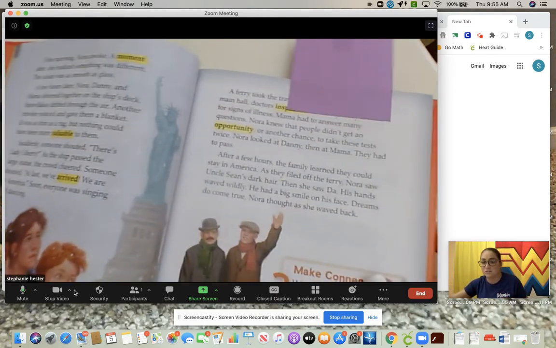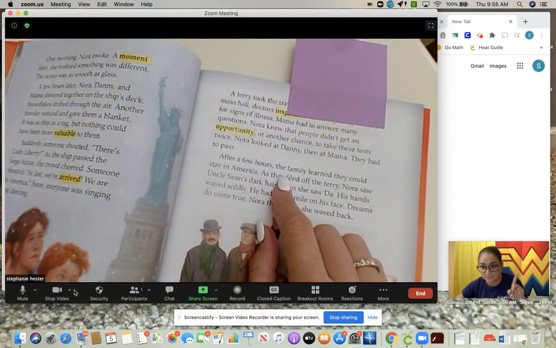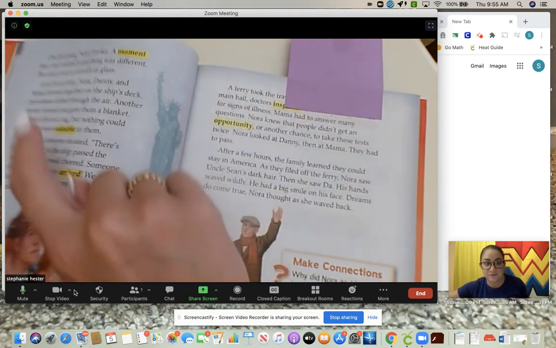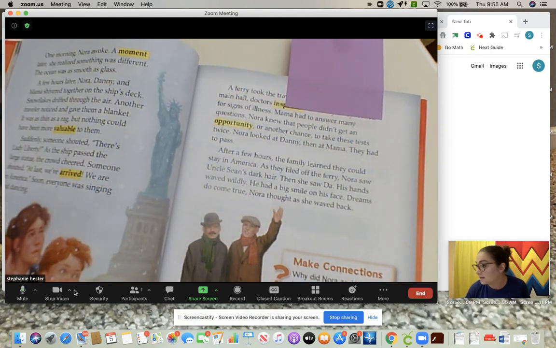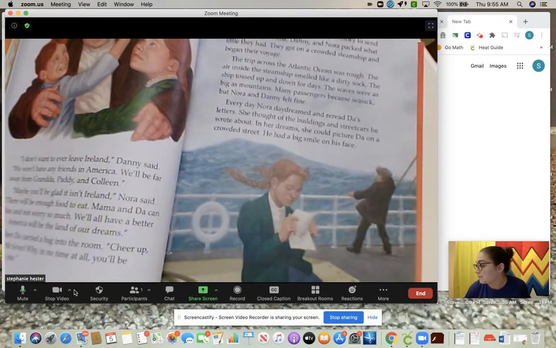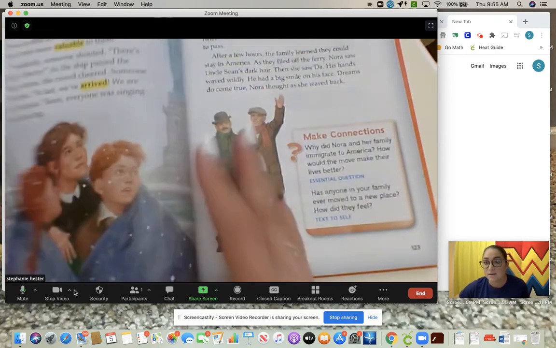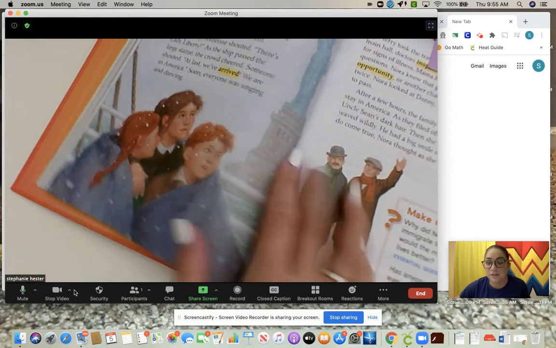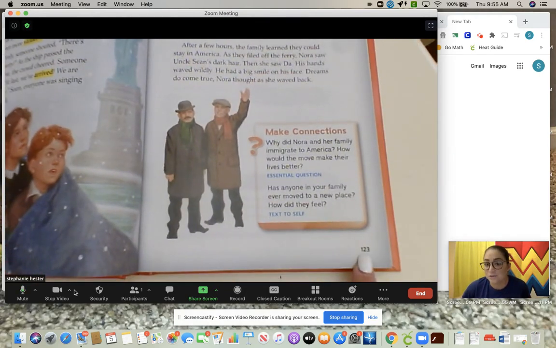Actually, no, I take it back. We're gonna finish this story this afternoon. I forgot that I'm recording this video during a break. So when we come back from Walk to Learn, we're going to finish this. So finish reading the story. So read 121, 122, and 123.